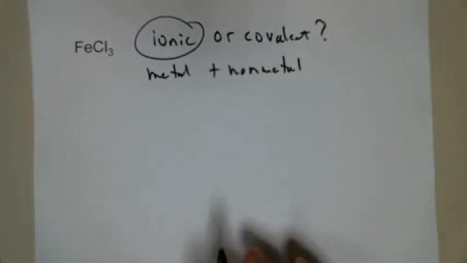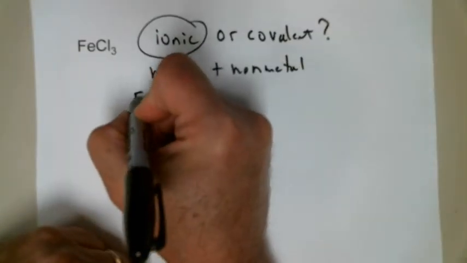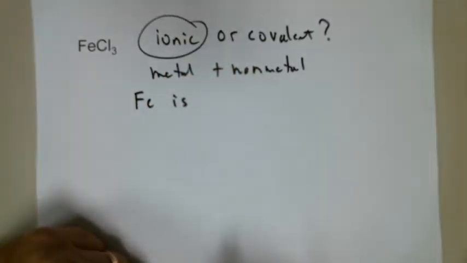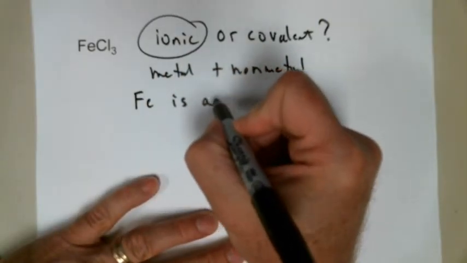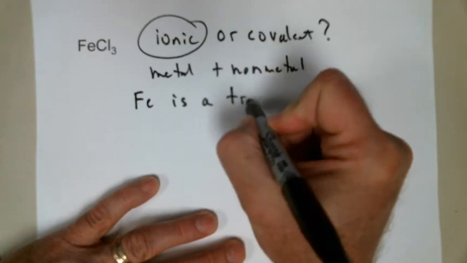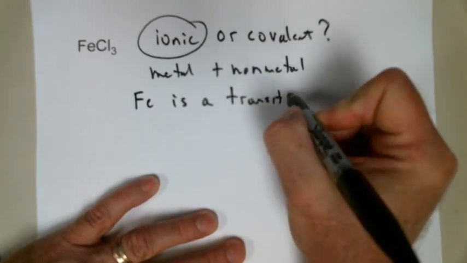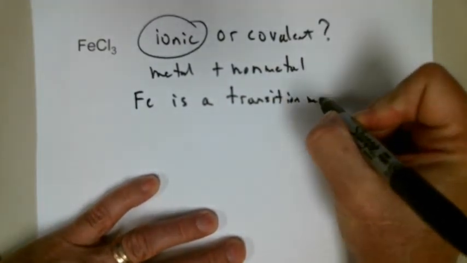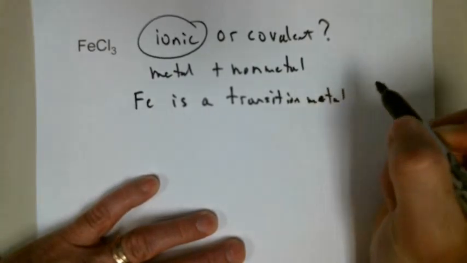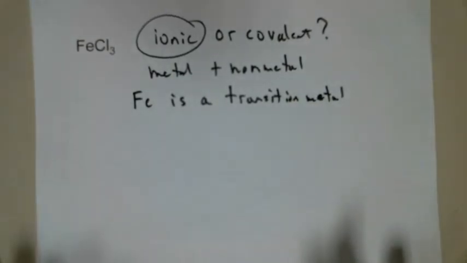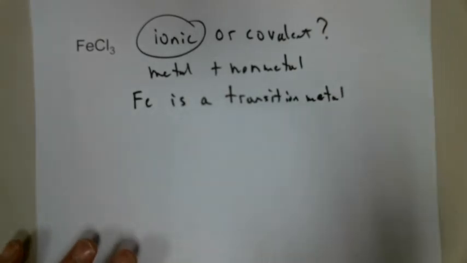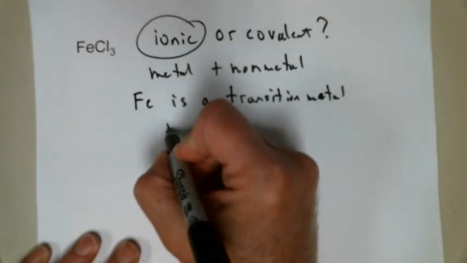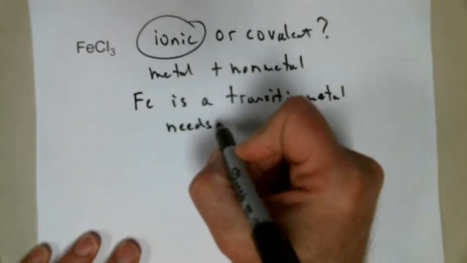Iron is a metal. If you look at the periodic table, iron is a transition metal, and because it's a transition metal, and it's not one of those exceptions, it needs a Roman numeral.